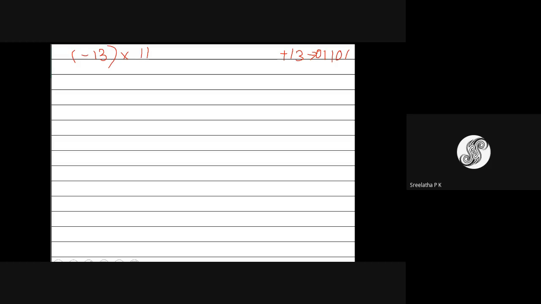So the 1's complement of this particular binary bit pattern is 10010, plus 1 gives the 2's complement, that is 10011, and this is the 2's complement of plus 13, which is nothing but minus 13. Now this is our multiplicand. 10011, which is nothing but minus 13, is the multiplicand.